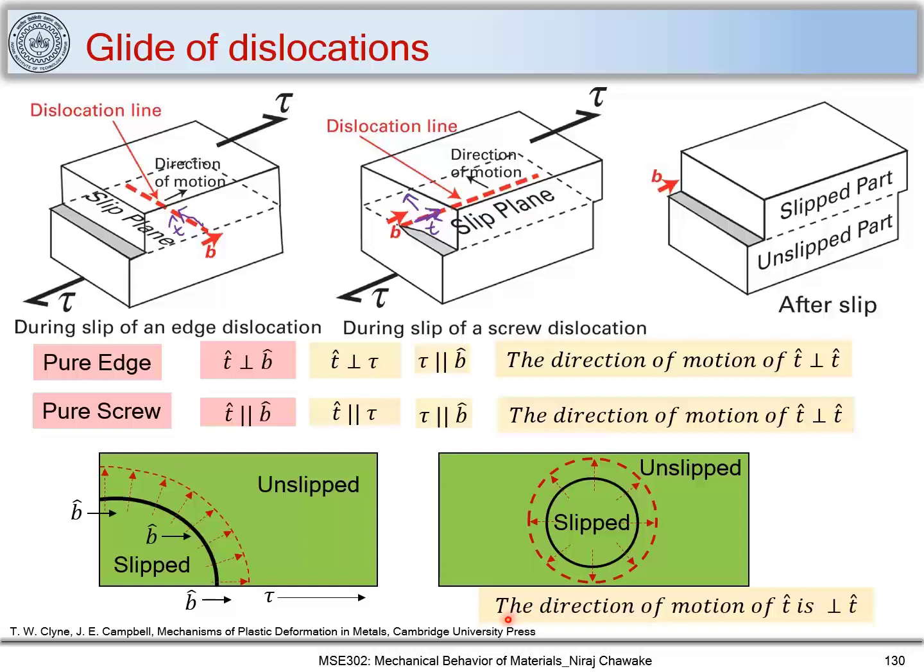This is an important point. There are two important points to note from this slide: a component of shear stress must be parallel to the Burgess vector to cause glide of dislocations on the slip plane, and the direction of motion of the dislocation line is always perpendicular to its tangent vector.